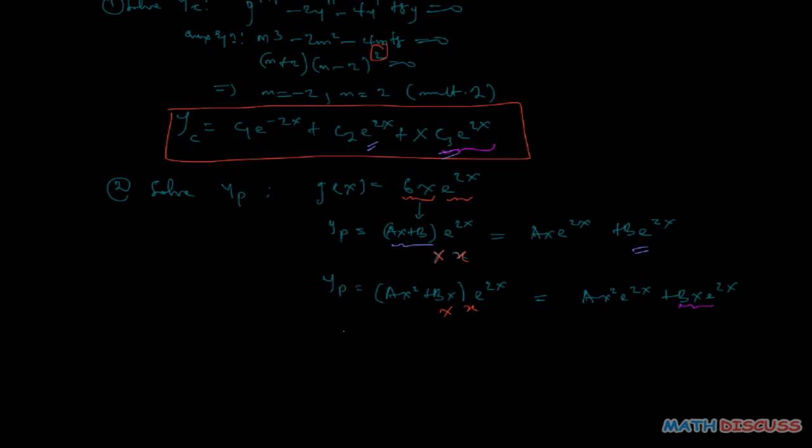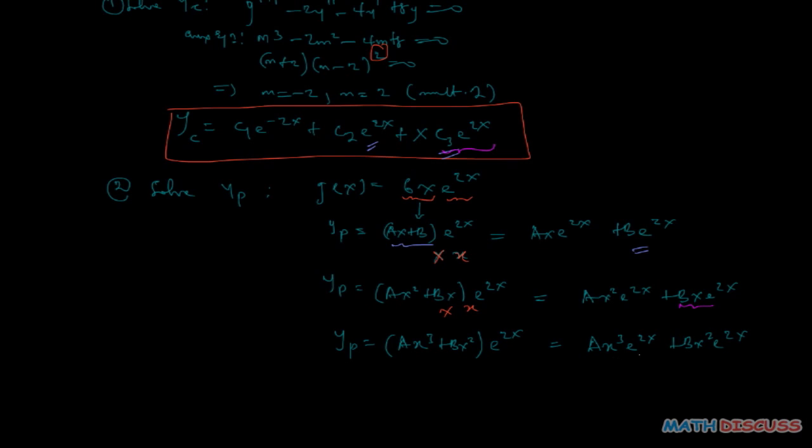Now when we multiply by x, we have yp equals ax cubed plus bx squared times e to the power 2x. If you expand this, just to check that there is no repetition, you have ax cubed e to the power 2x plus bx squared e to the power 2x.